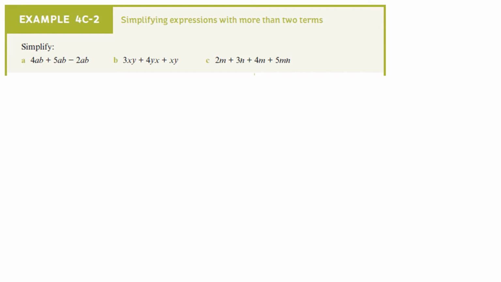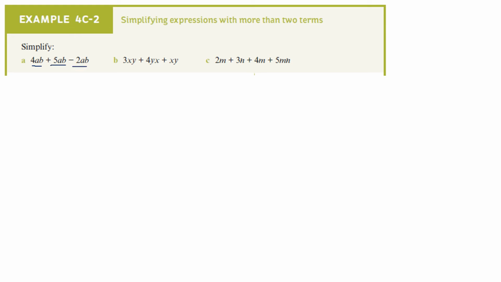All right, now we're getting into some more complex examples where we have more than 2 terms. You should use a highlighter or a different colored pen to underline the like terms. So in this first one, we have 4AB, 5AB, and a minus 2AB. They are all like.